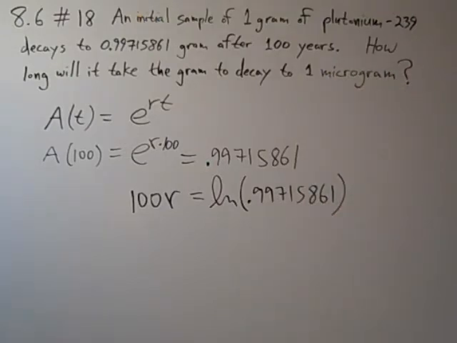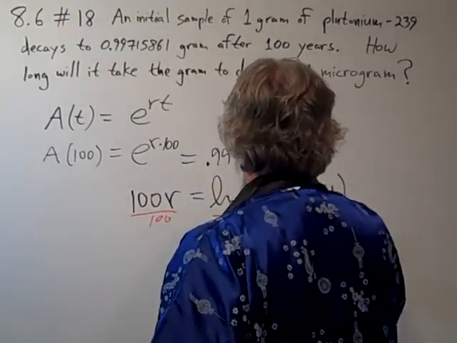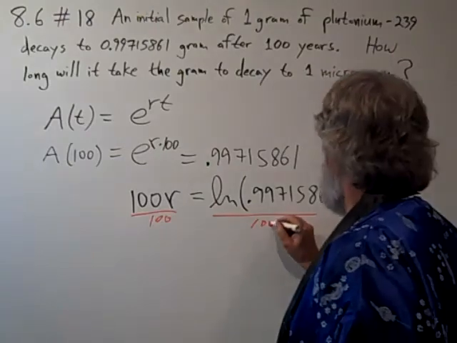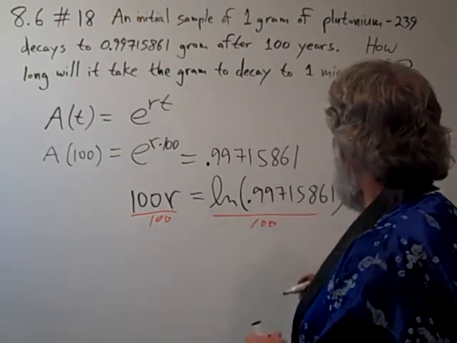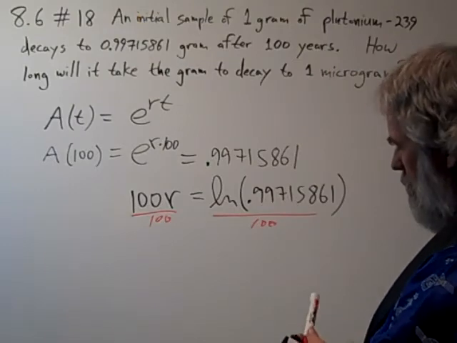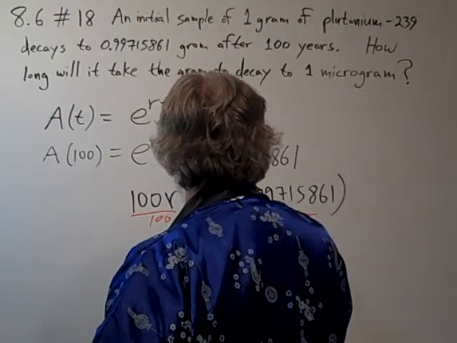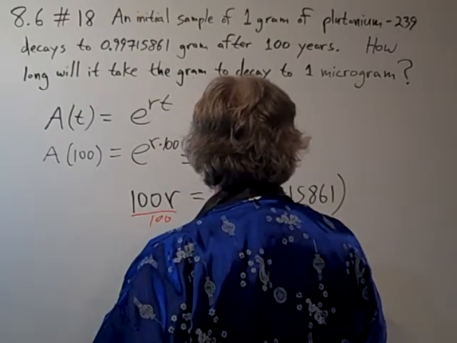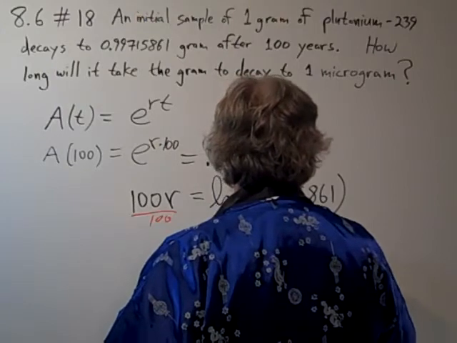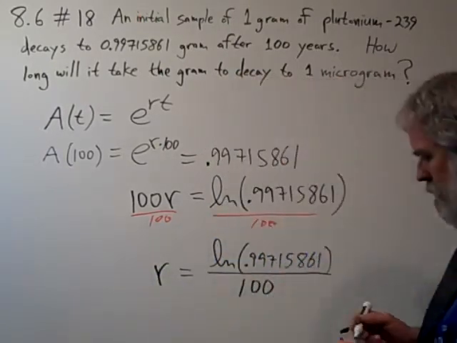And if I divide both sides by 100, I have then solved for r. So we get that r is equal to the natural log of 0.997156861 all divided by 100.